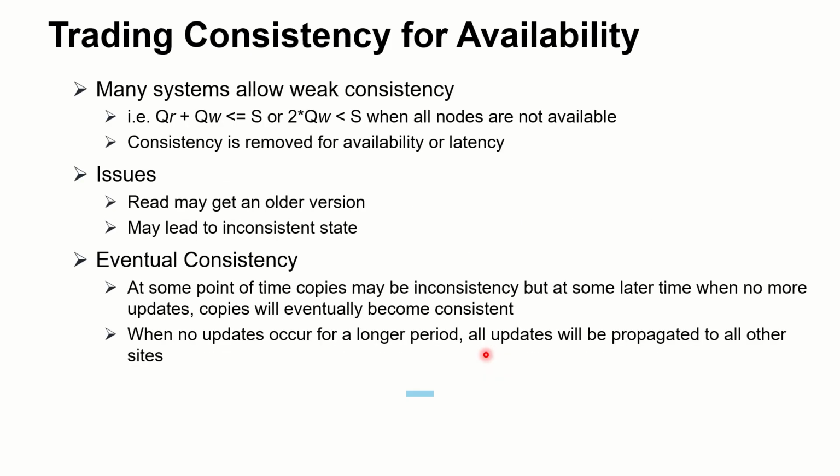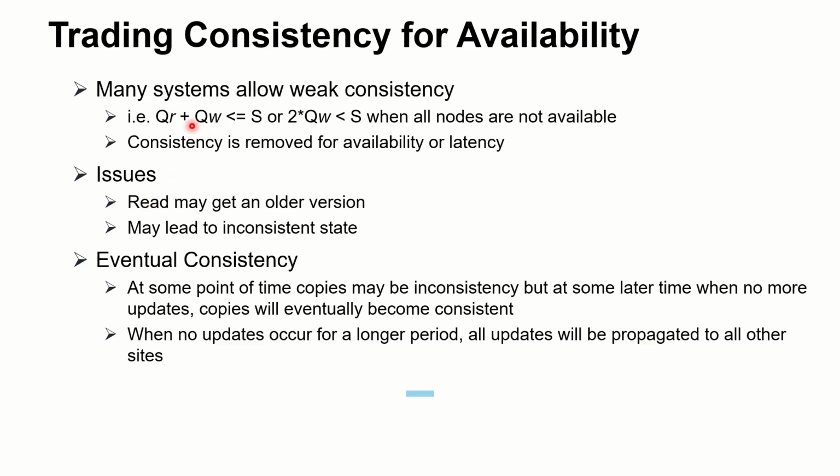How do we trade consistency for high availability? Many systems allow weak consistency, which relaxes the constraints on QR plus QW. If we cannot acquire locks on more than S, we can still proceed because we have acquired locks on many of the sites.